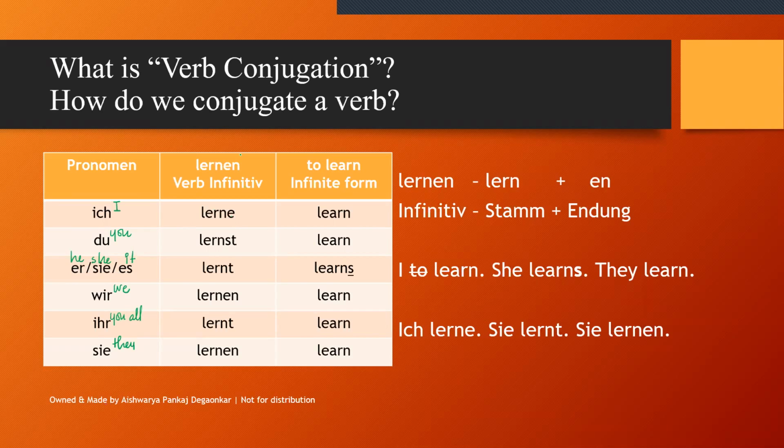Now, in front of it, we have the German verb lernen, which we have conjugated in this table. Just how we conjugated the verb to learn in this table here. So for example, an infinitive form of a verb looks like this, to learn. But when you put it in a sentence, you don't say I to learn, right?